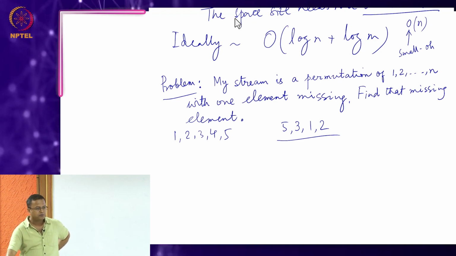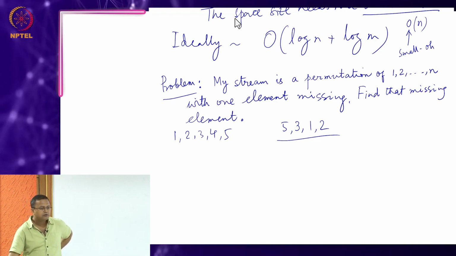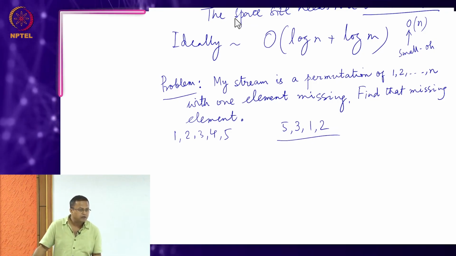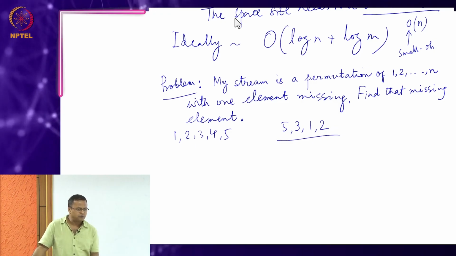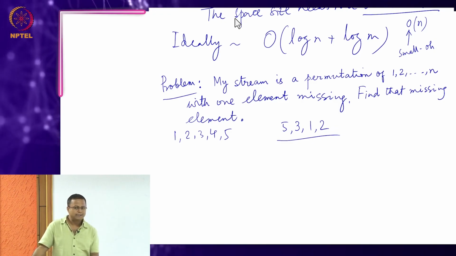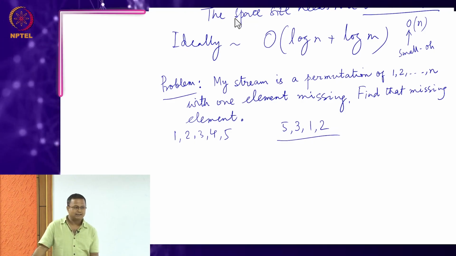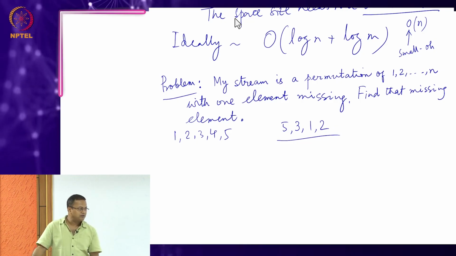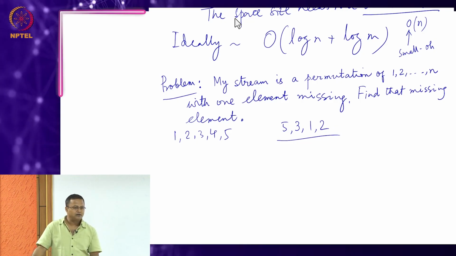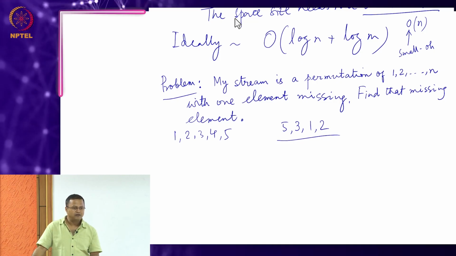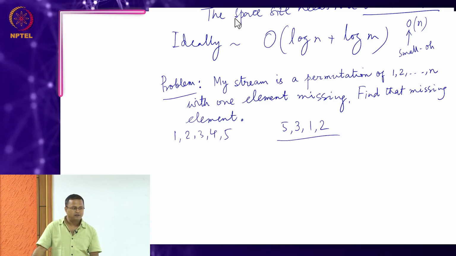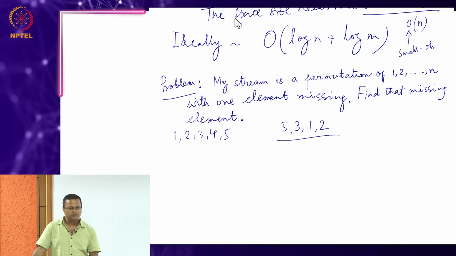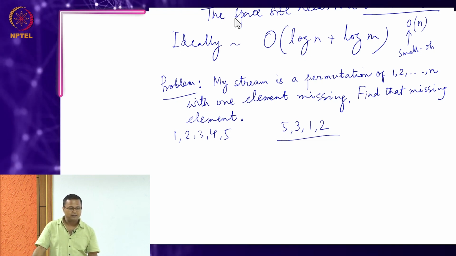The sum is n into n plus 1 by 2, you write the equation from 1 to n. In the RAM model again it is very easy, right? What do you do? Calculate the sum and subtract it from the sum of 1 to n plus 1. Okay, that is a nice idea, but how do I do it in streaming?